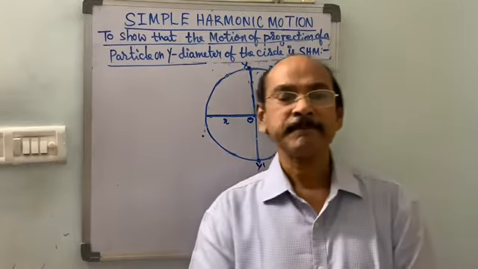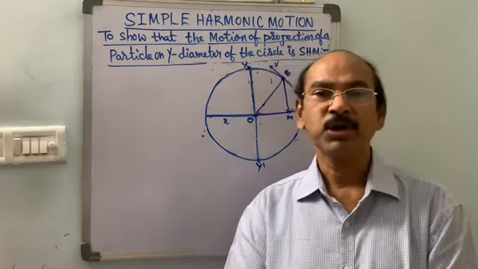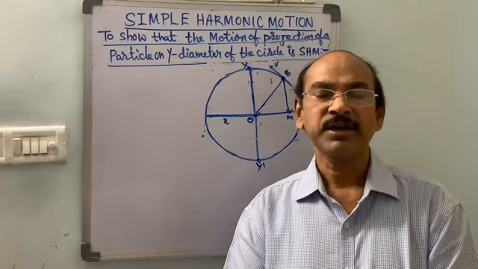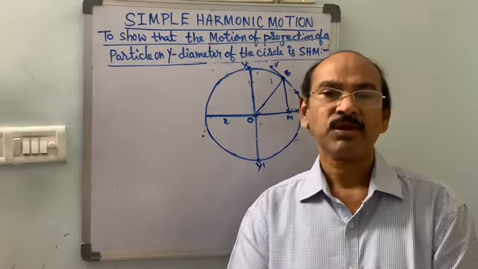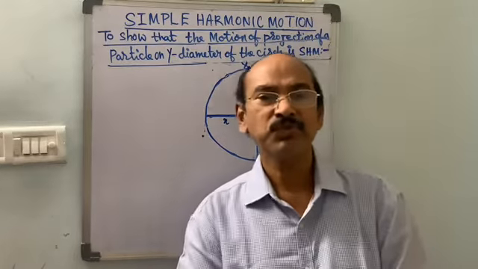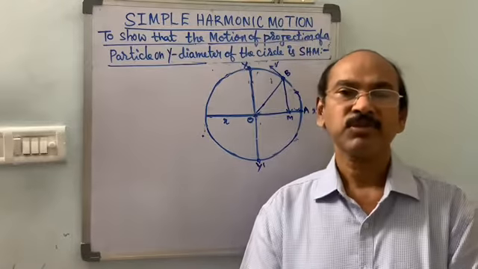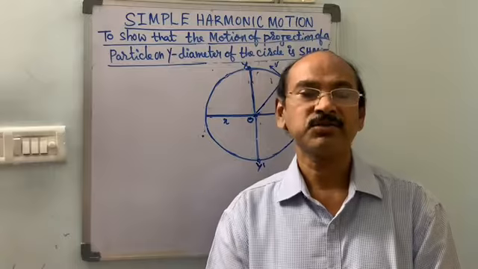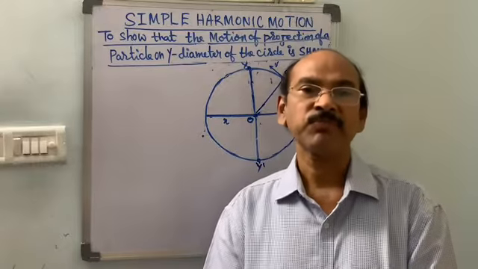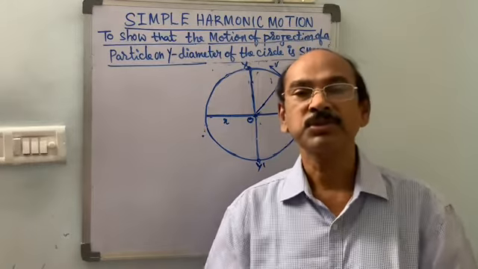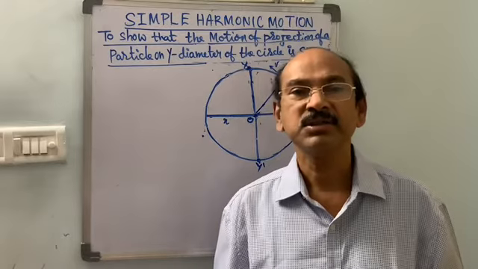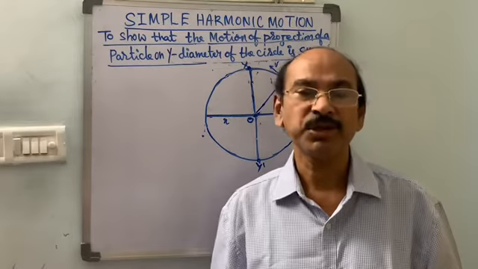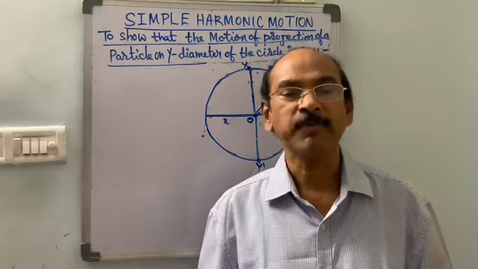So, the to and fro motion of the body along a straight line such that its acceleration is directed towards the mean position and is proportional to its displacement is known as simple harmonic motion.